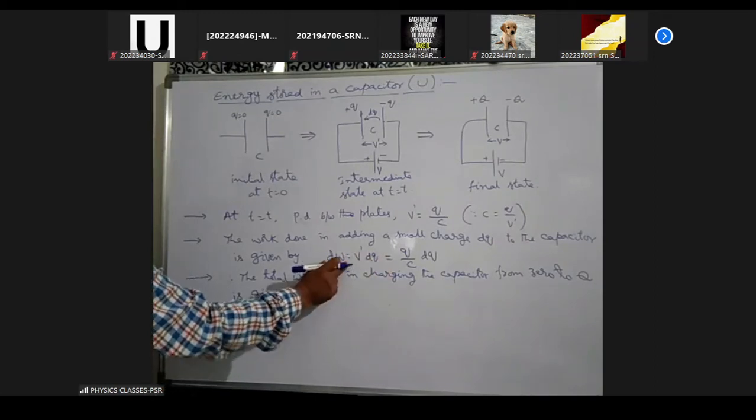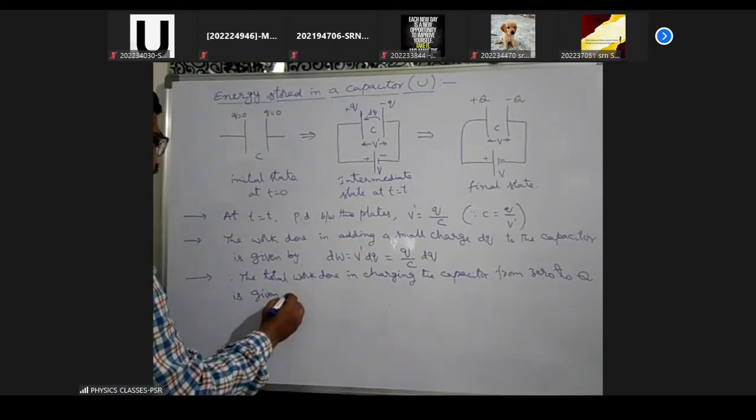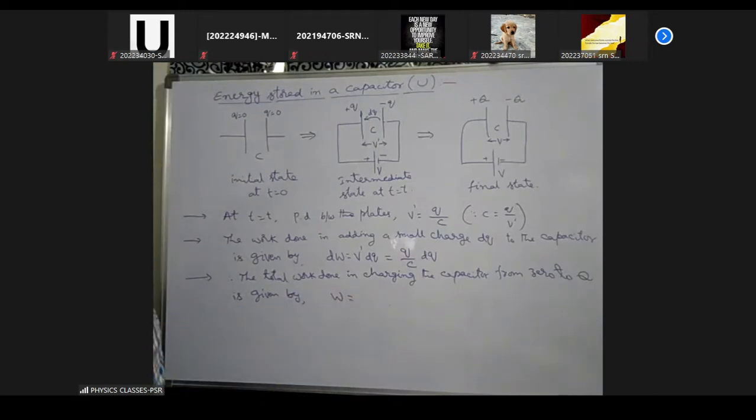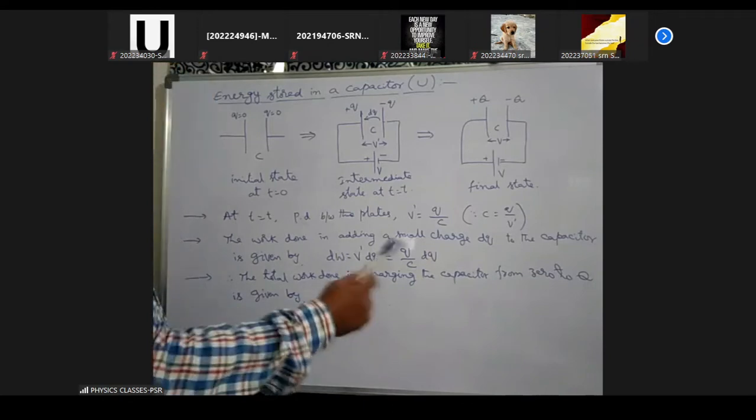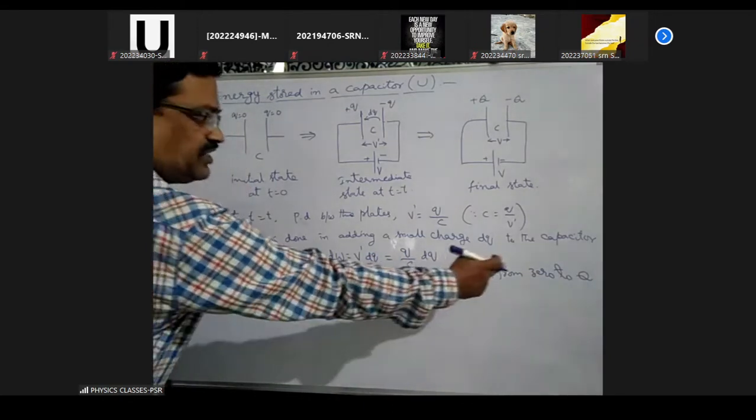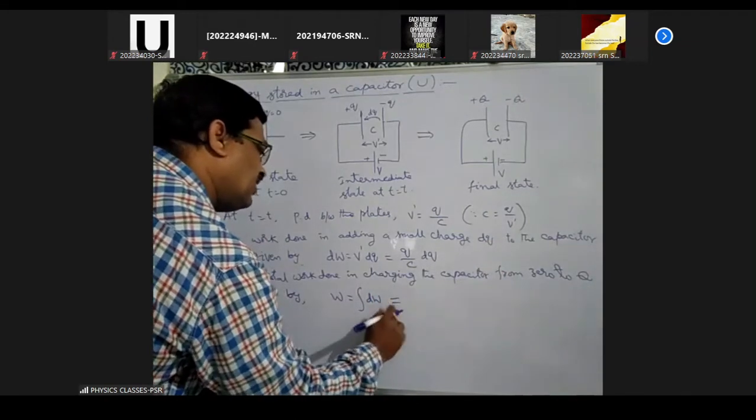This is small work done. How can you get total work done, W? By integrating. Very good. By integrating the small work done between the limits 0 to Q, we get the total work done.